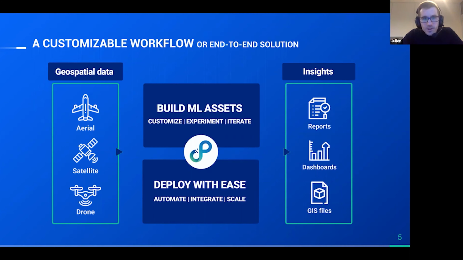Picterra allows them to train a machine learning model in a very easy and intuitive way to extract objects specific to whatever each customer wants to do. Then from this model, you can apply it at scale and get results in the form of reports, dashboards, or export it into GIS files for use in ArcGIS, for example.